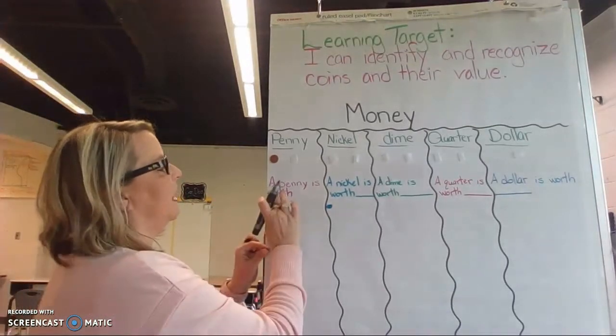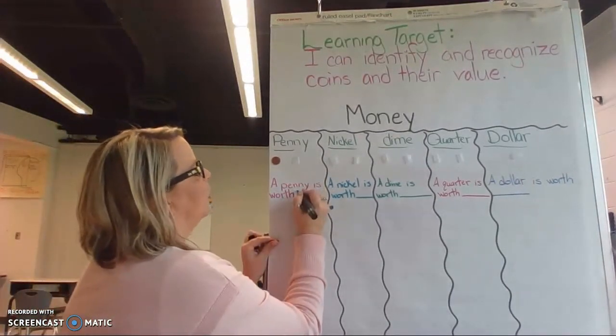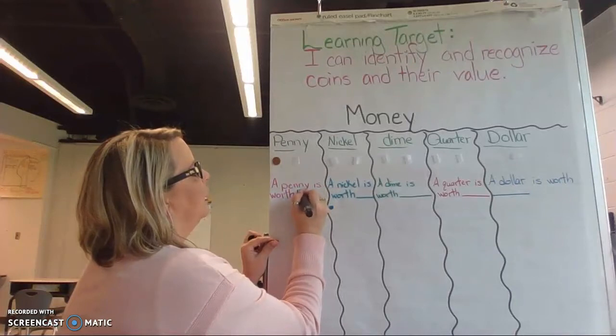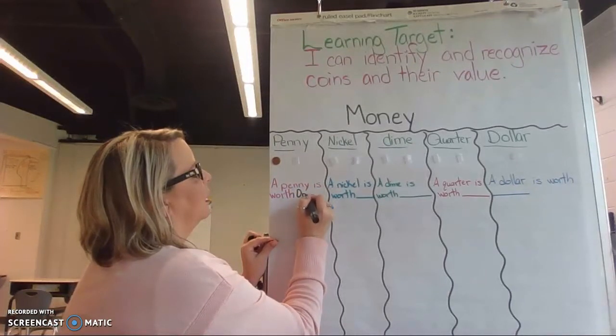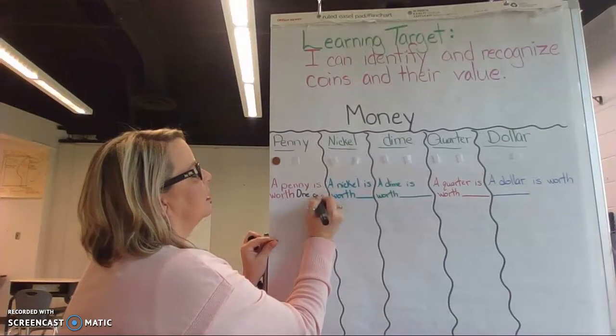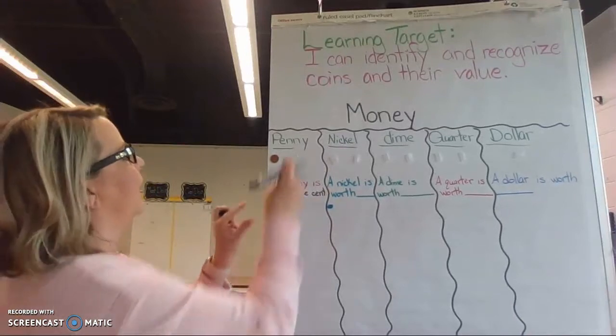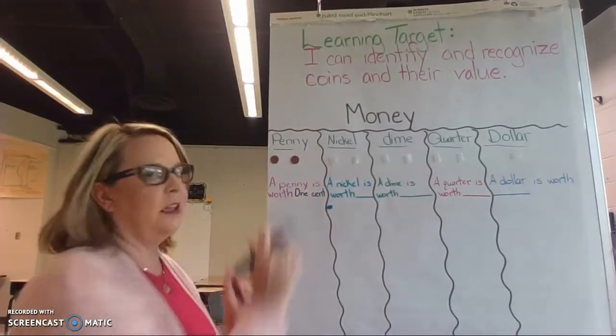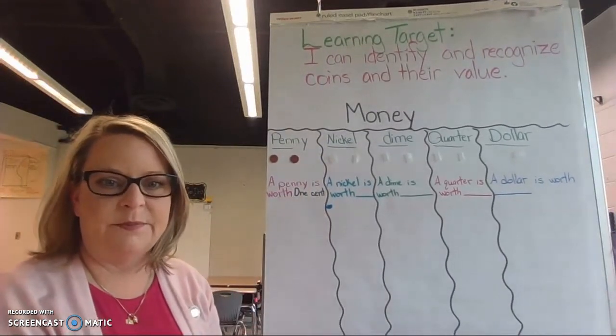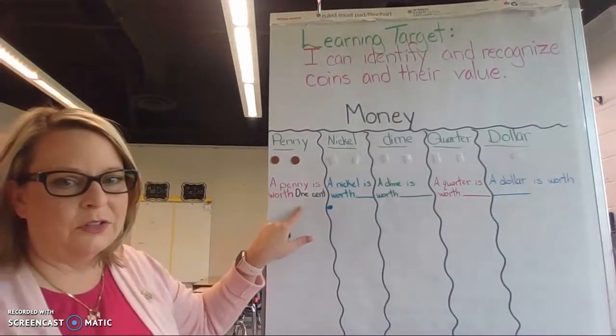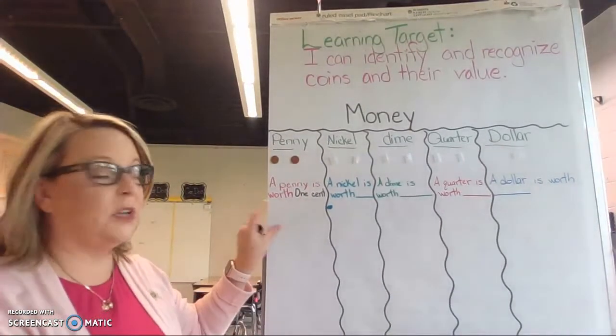So I'm going to say a penny is worth 1 cent. But you know what? I can also write that in our math notation. We've written it in words. Let's write it in a math notation.